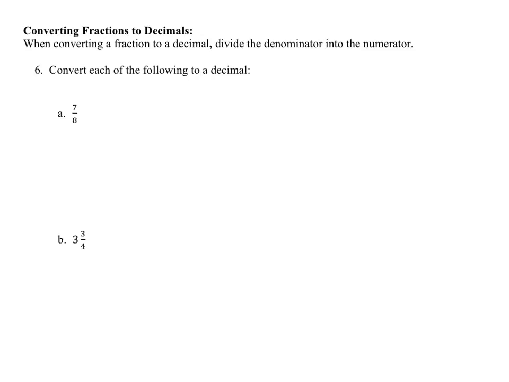Okay, how about converting fractions to decimals? Well, this is where you're going to have to do a little bit of long division, but you can handle it. So what you're going to do is you're going to take 8 and divide it into 7, and we're going to go out several decimal places. 8 is a whole number, so I don't have to move any decimal places, just bring it up. 8 doesn't go into 7. 8 goes into 70 8 times.